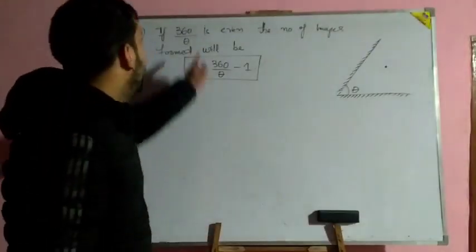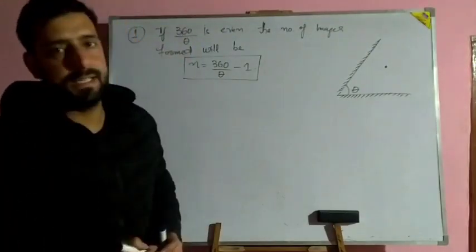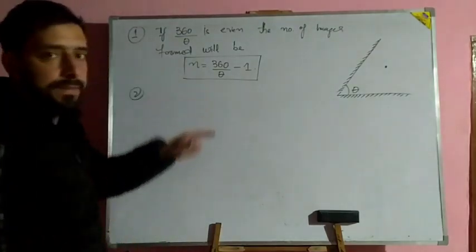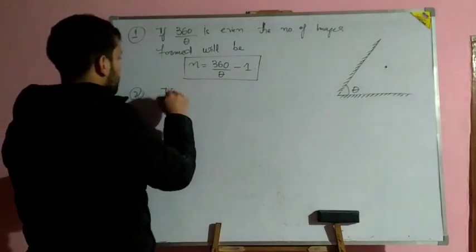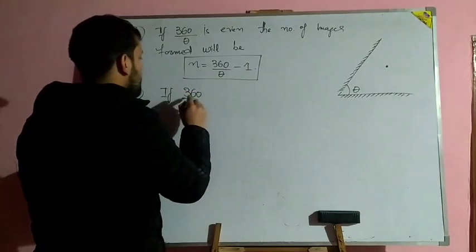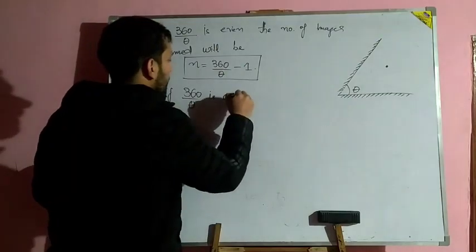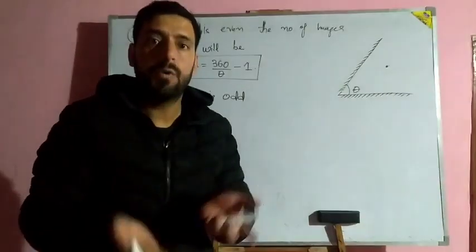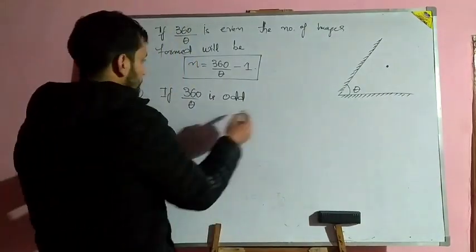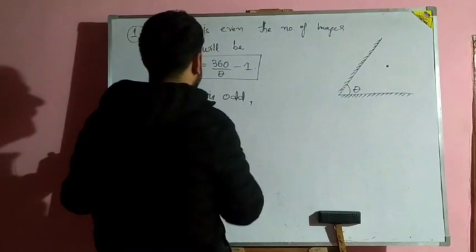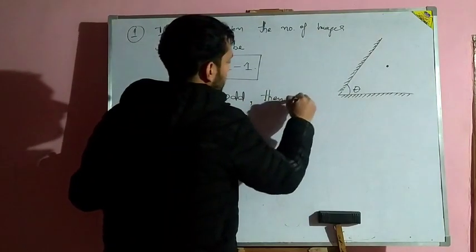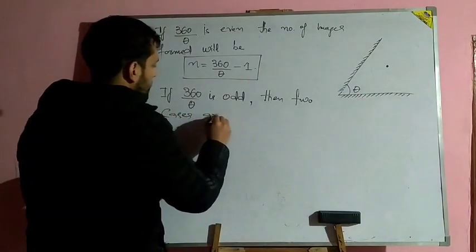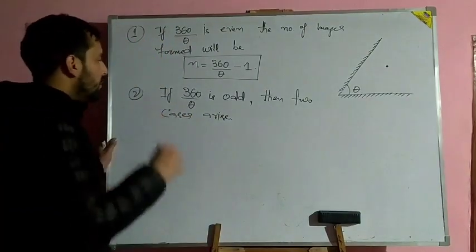This is the condition when 360 by theta is even. Students, number second point is, if 360 by theta is odd, then two cases arise here. Students, look here.